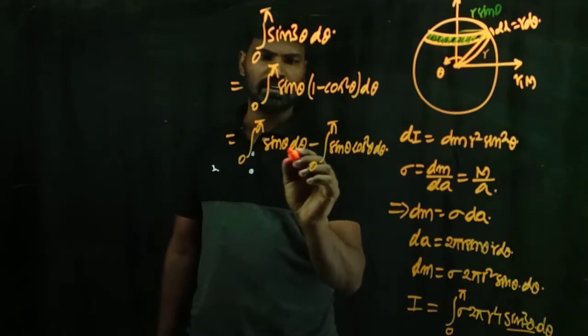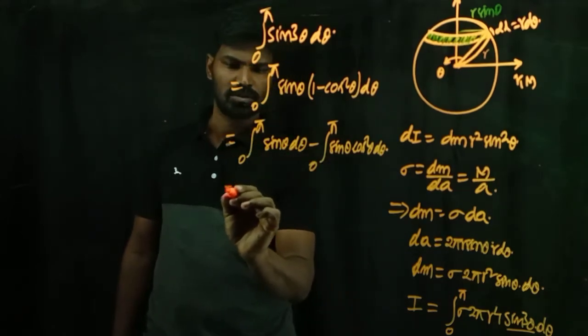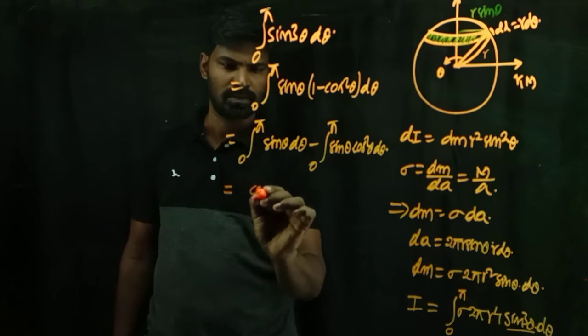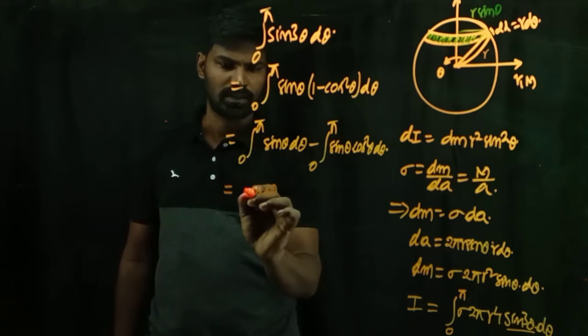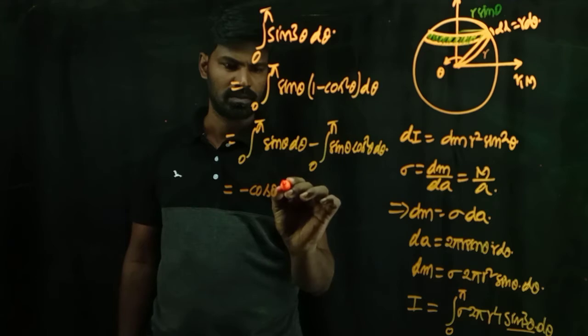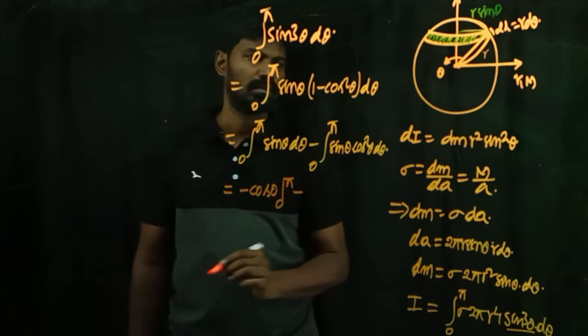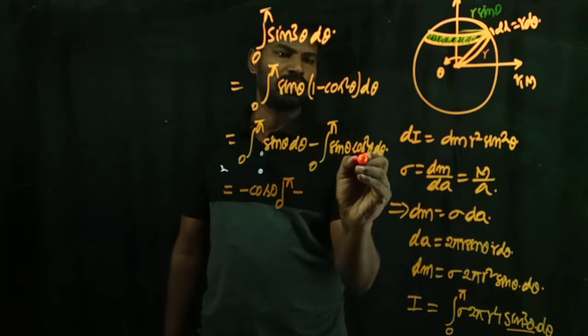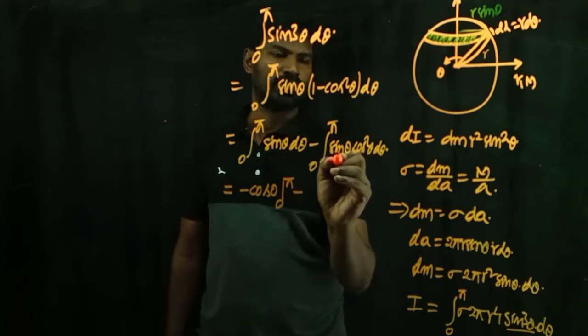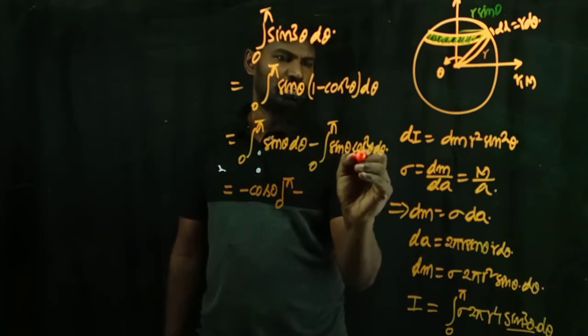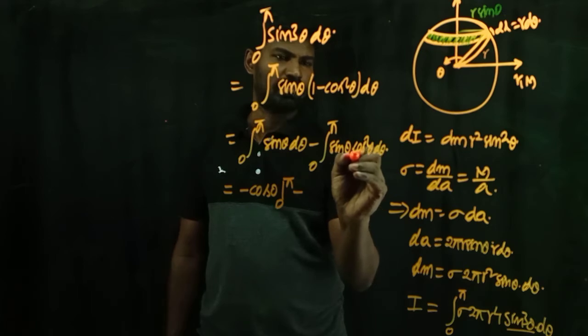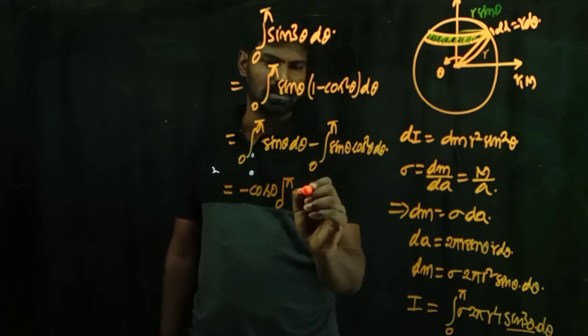So the integration of sin theta is how much? That is simply cos theta only, with a minus sign. The integration of sin theta is minus cos theta between the limits 0 to pi, minus the integral of f power n of x into f dash of x. So if you take f of x as cos theta, f dash of x will be minus sin theta.